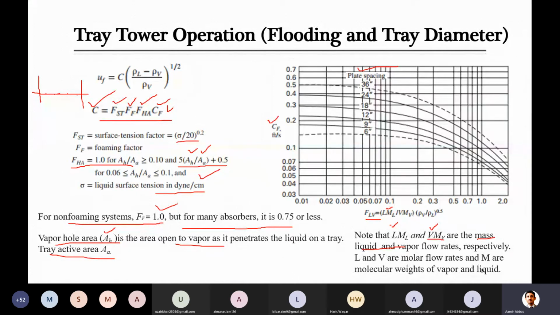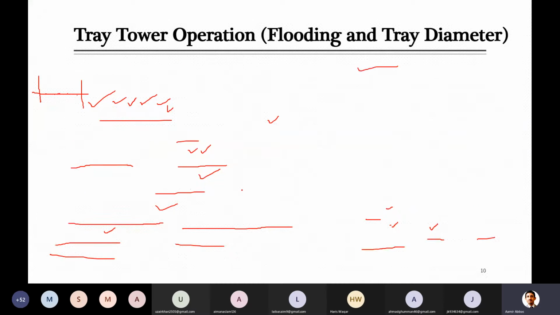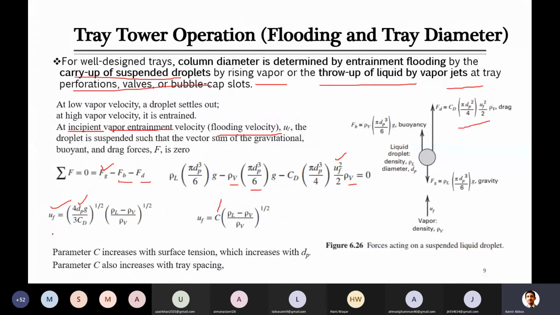If you know your system, that is, the vapor and the liquid being used for absorption, and their densities at the given condition, this factor can be easily found. And when we have decided the tray spacing, then we can look up the factor CF. And how does this affect the parameter C? If you go back to the initial relationship for C and where it came from, you can see there is something called droplet diameter.